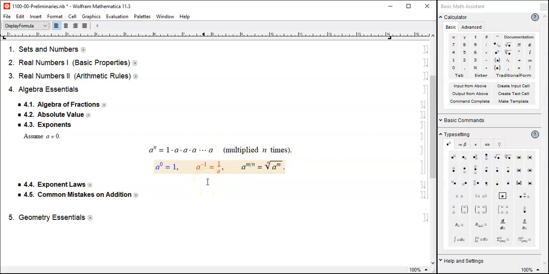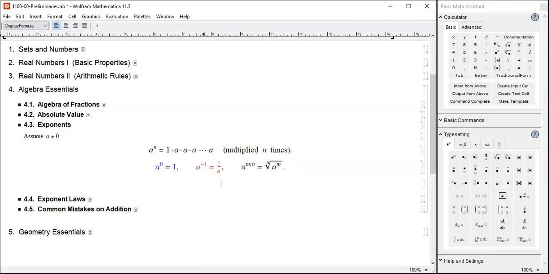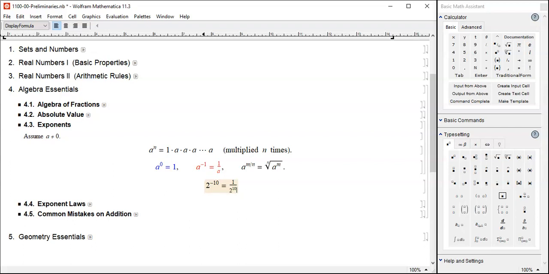Negative 1 power is basically reciprocal, and negative, say, 10th power is 1 over a to the 10th power, for example. 1 over, say, 2 to the negative 10th power is basically 1 over 2 to the 10th power. Kind of like that. So negative power is power in denominator, basically.